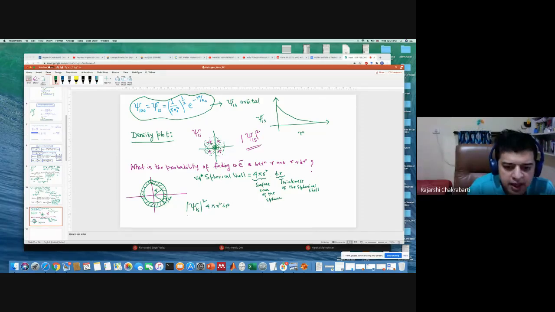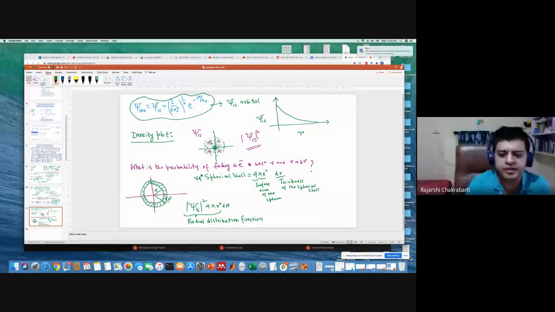Okay, and I call this quantity without the dr what is known as the radial distribution function. It is called radial distribution function because it tells you how possible the distance r from the nucleus is.